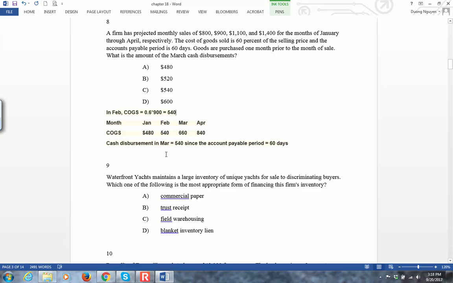Now, goods are purchased 1 month prior to the month of sale, and the account payable period is 60 days.